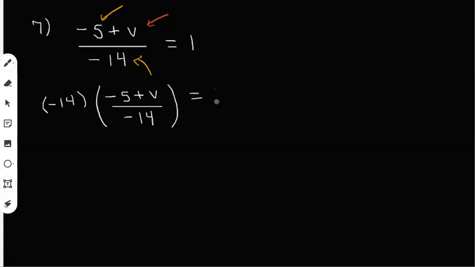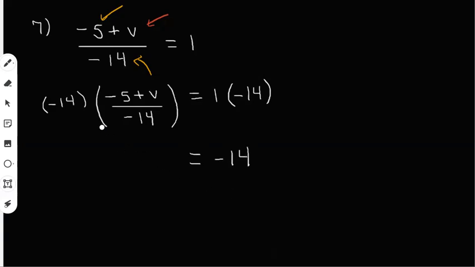Over here on the right side, I need to multiply the 1 by negative 14 for this to work. So when I do that, what happens? On the right side, I have 1 times negative 14, which is just negative 14.